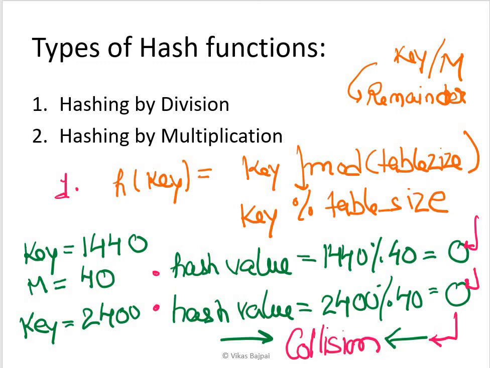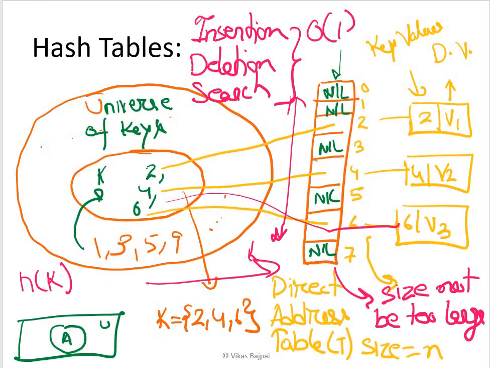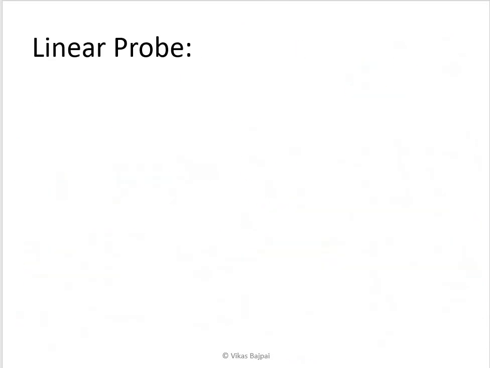In other words, two records cannot be stored in the same location, right? So for two values, if I am pointing towards the same location, then it would be called collision. And there are several techniques for this collision resolution.